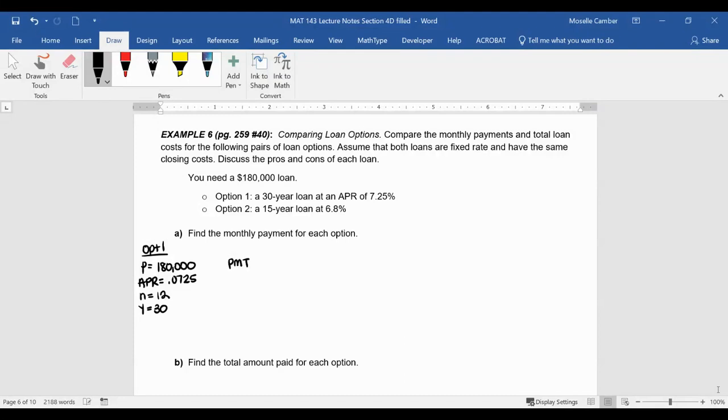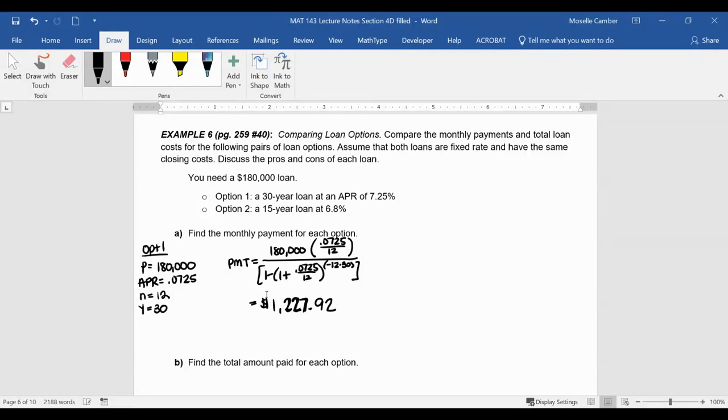So our payment for this first option is 180,000 times my APR over N, all over 1 minus (1 plus my APR over N) raised to negative N times Y. So my payment for option 1 will be $1,227.92.